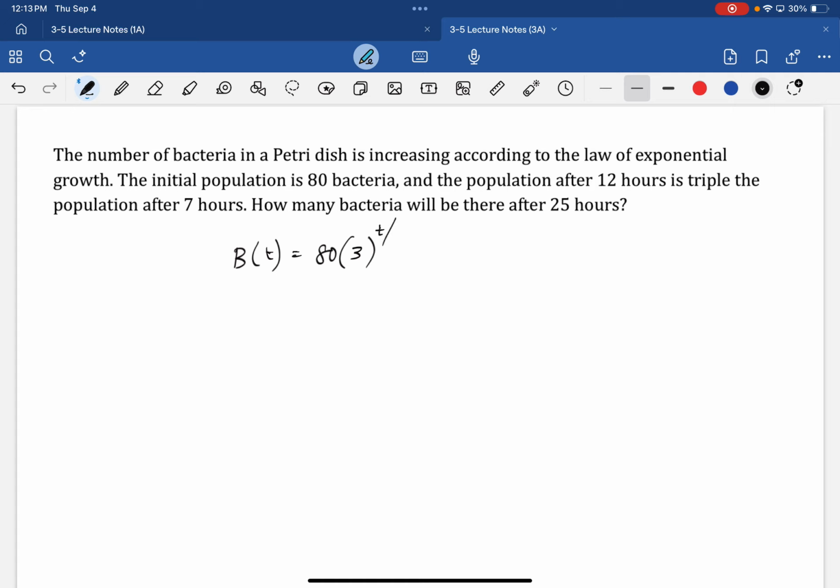B of 25 equals 80 times 3 to the 25 over 5, which is 80 times 3 to the 5. Anybody want to do this in their head? I don't think I can.